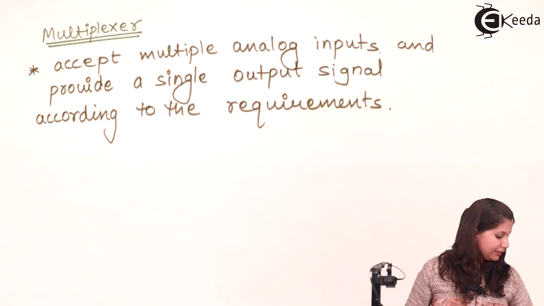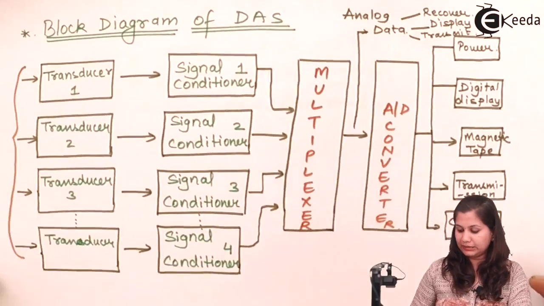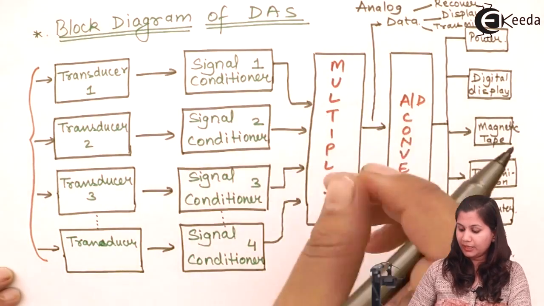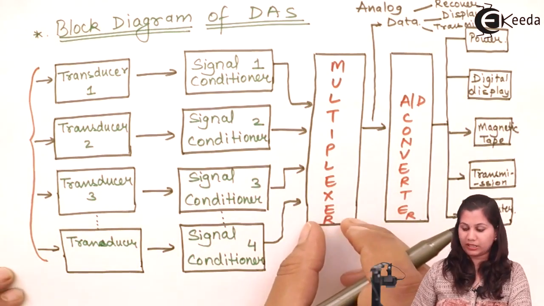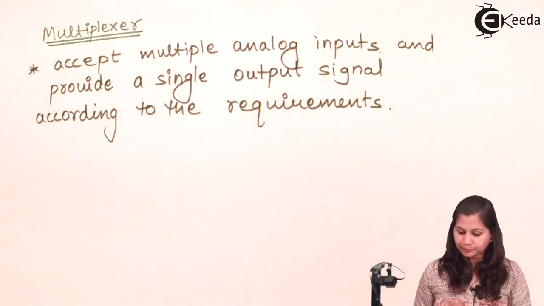You can see in the diagram also, various analog signals are coming from the signal conditioner. The multiplexer is accepting those signals and providing only a single output signal.